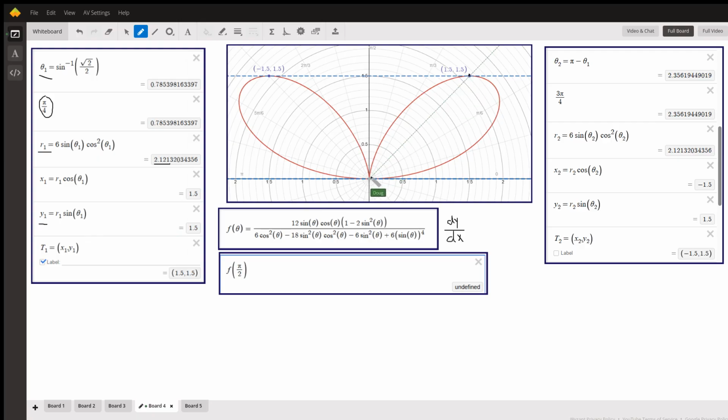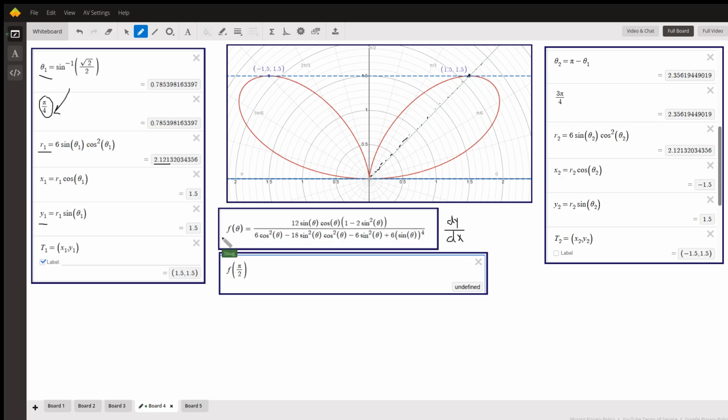And here's the line y equals the tangent of pi over 4 times x. So that is one of the angles where the point of tangency has a slope of 0. And likewise over here, theta 2 equals 3 pi over 4, same deal.